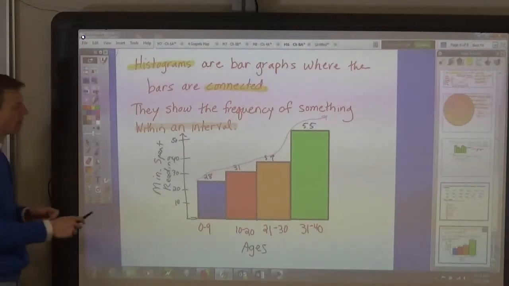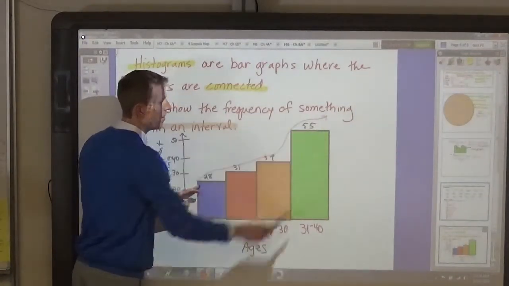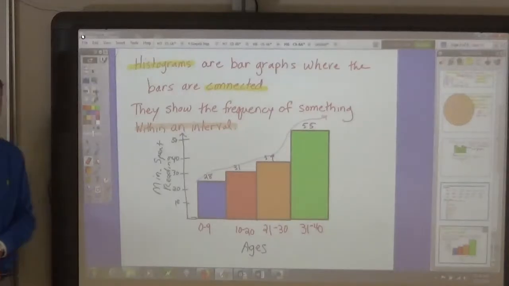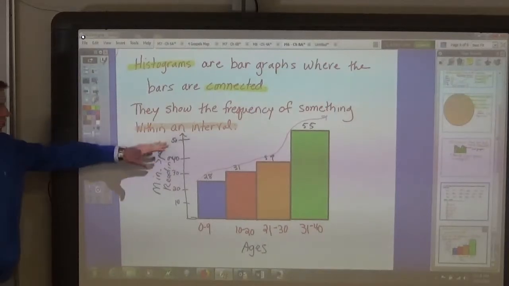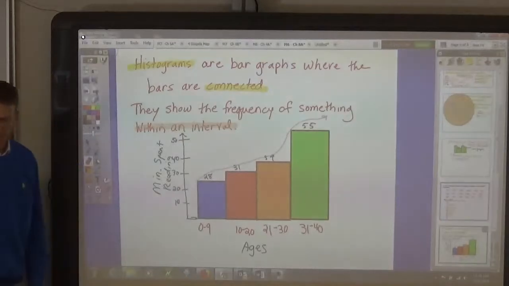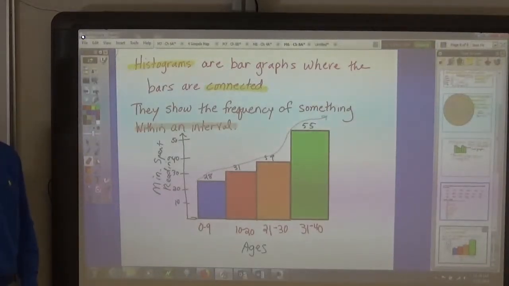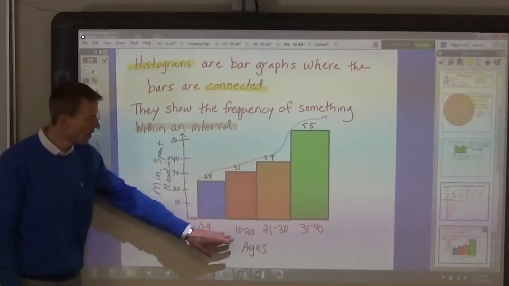The point of connecting the bars is to create a line, a visual line at the top, because histograms are meant to show trends. And they also show the amount within an interval.